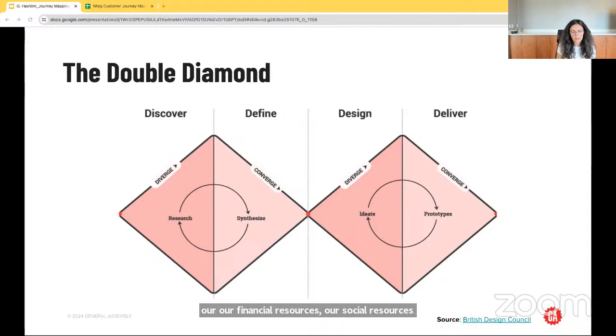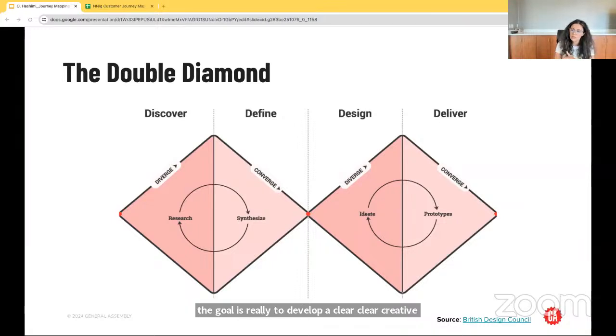So we really start to think about what is actually possible. Okay, and then in this phase, the goal is really to develop a clear creative brief that frames your fundamental design challenge.